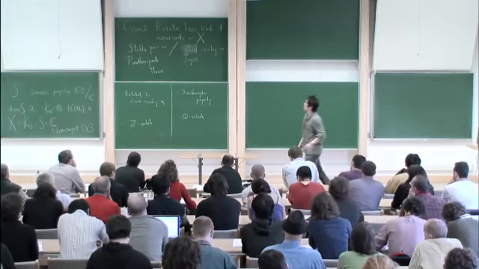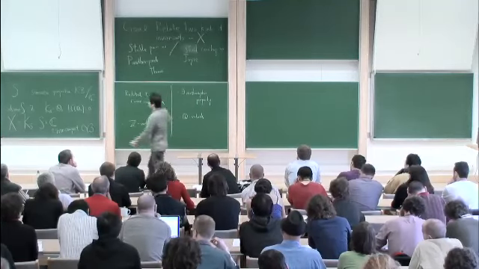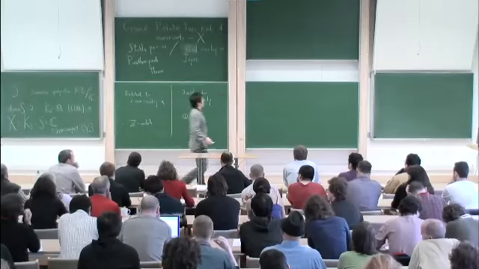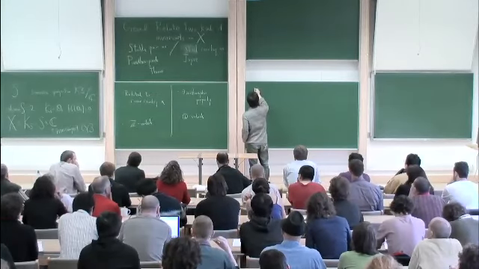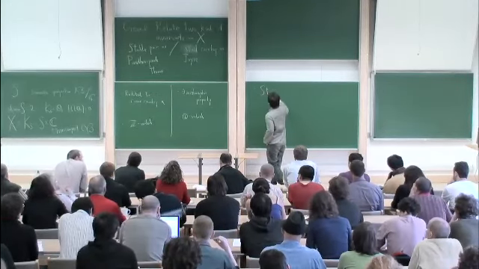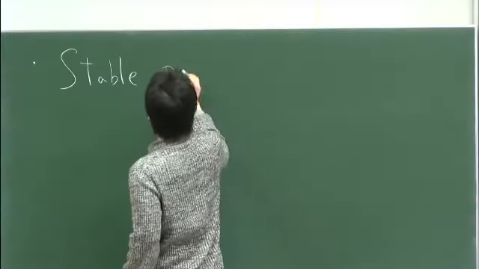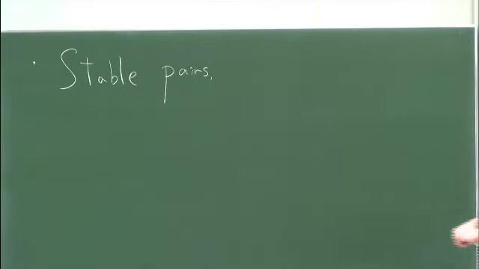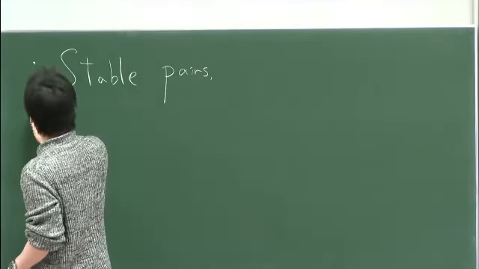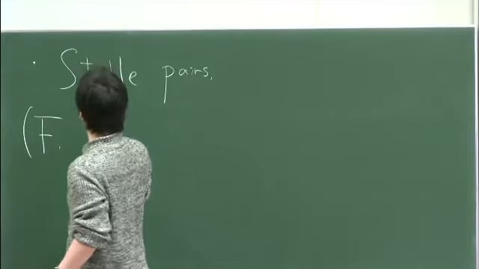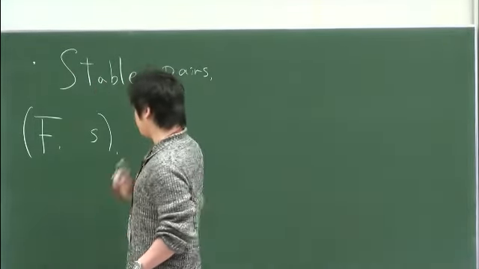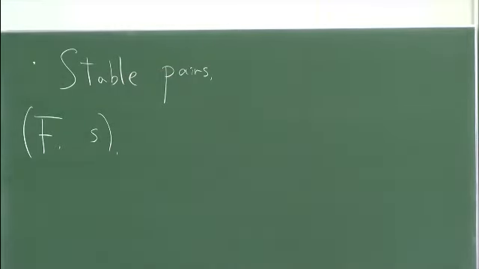Okay, so I'm going to recall these two notions now. First, I recall the notion of stable pairs. By definition, a stable pair is a pair (F, s). I always assume that F has compact support, or equivalently F has support on the fibers of the second projection.